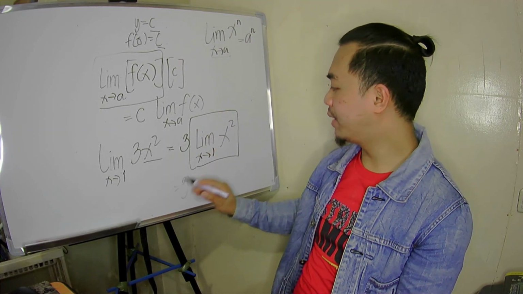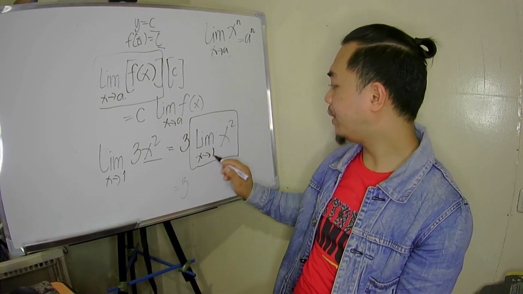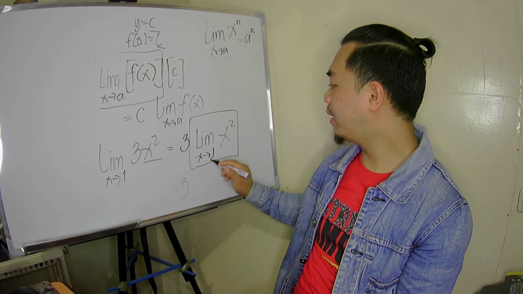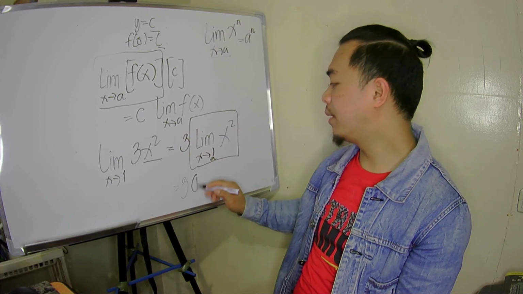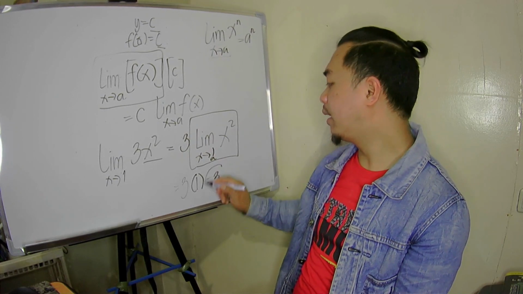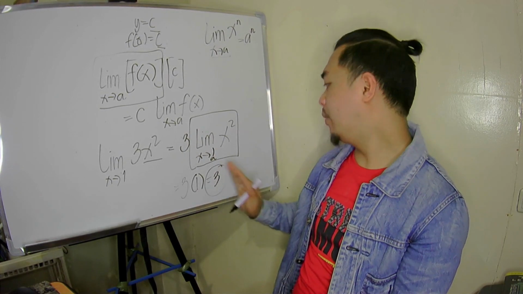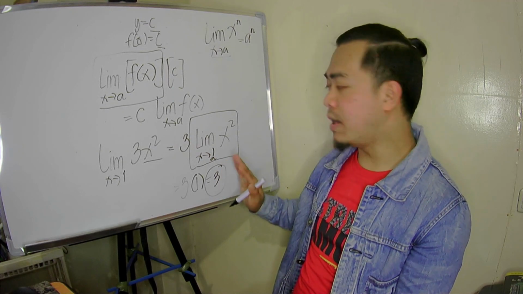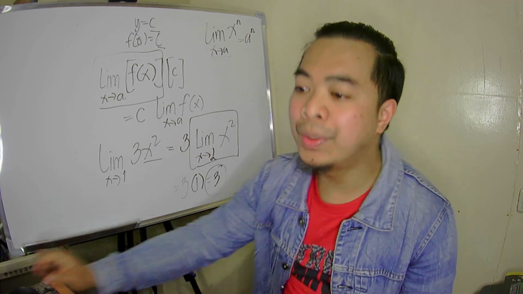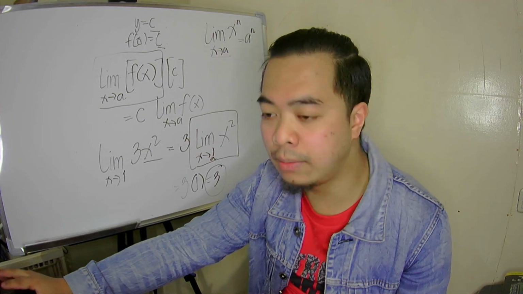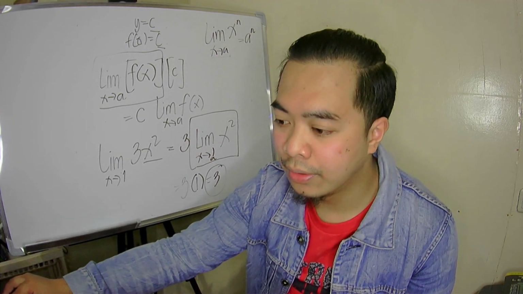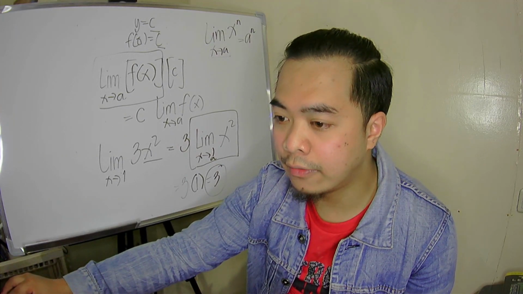So, this is 3 times, kapag i-substitute natin yan, our a here is 1, 1 squared, that is 1. The limit is 3. So, we now immediately know that the limit is 3 without looking at the graph or a table of values. Yes, do you have a concern?